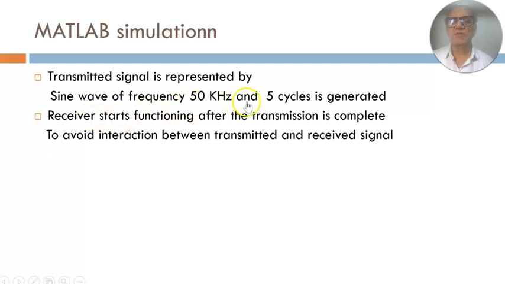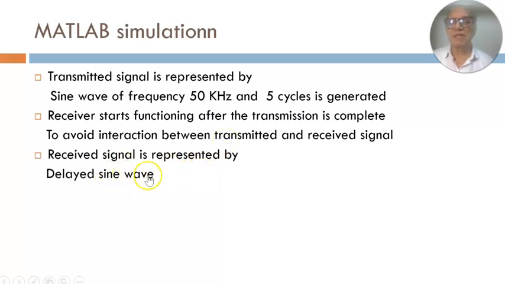As soon as the 5 cycles are over, the receiver starts functioning after the transmission is complete, to avoid interaction between the transmitted and received signal. So we start the transmission of the sine wave, and after 5 cycles the transmission stops. As soon as it stops, the receiver is put on and listens for the echo.